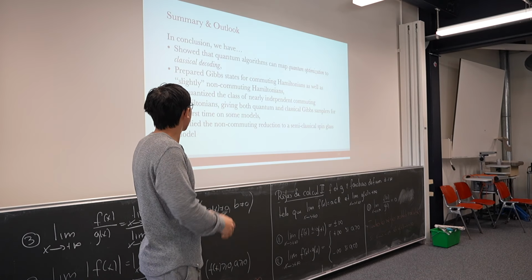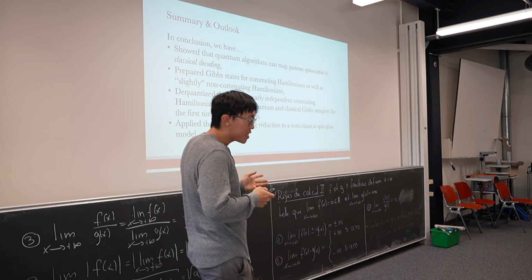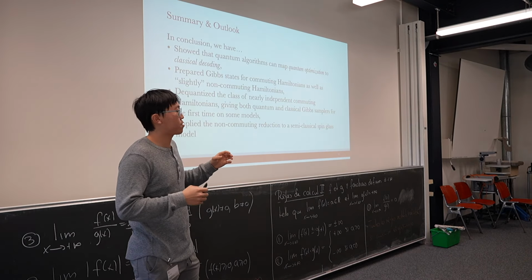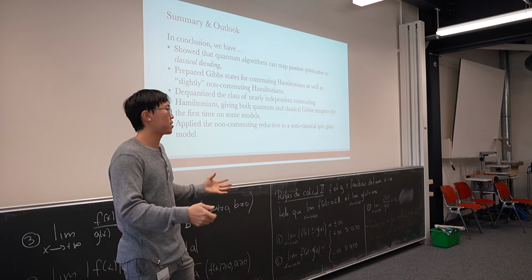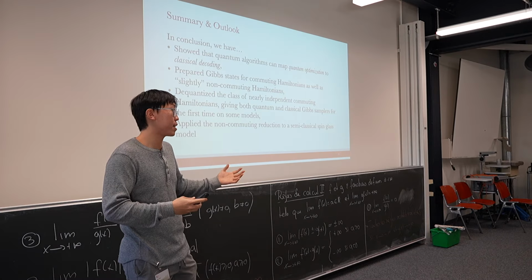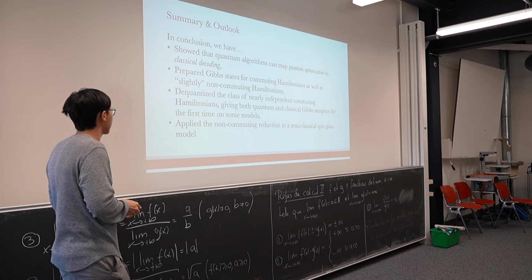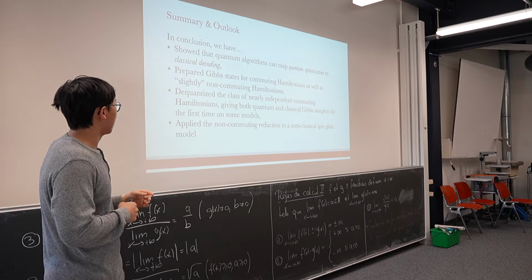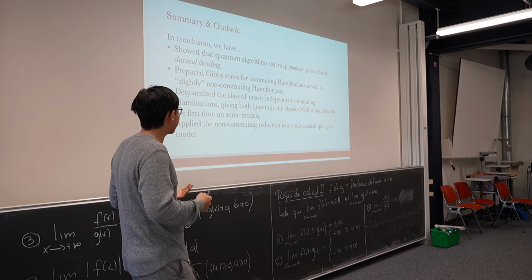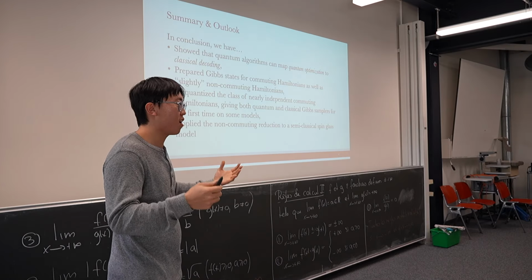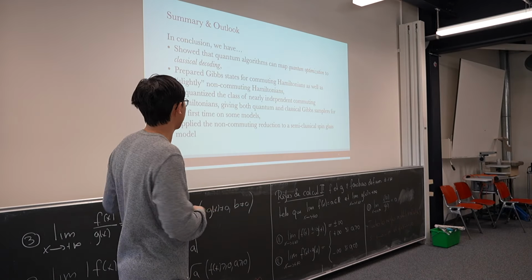So to summarize, what we have shown in this talk is that we can use quantum computers to actually reduce classes of quantum optimization problems into classical decoding problems, which is a very strange dichotomy and something that is hopefully quite interesting. In doing so, we were able to prepare some Gibbs states for both commuting and non-commuting Hamiltonians, which I showed in the previous slide.